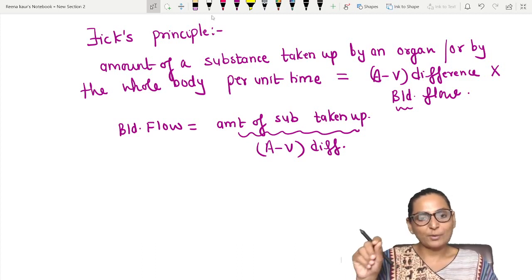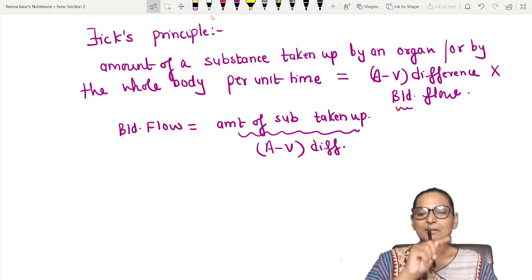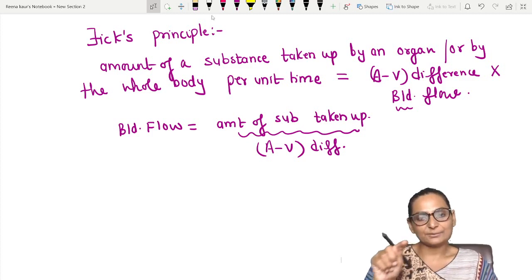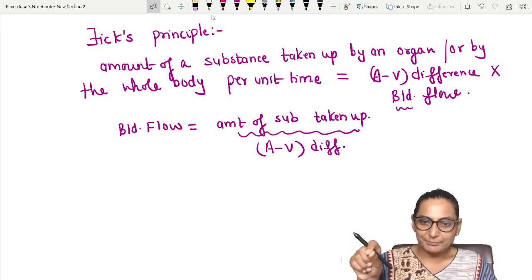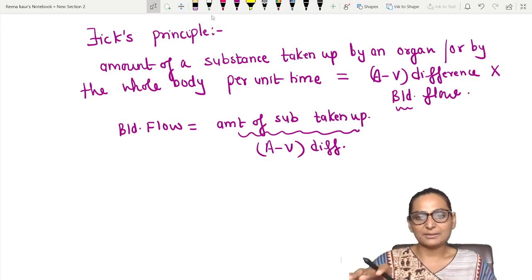Usually it is taken from the pulmonary artery by placing a catheter through the heart. So you're going to put a catheter through your heart, reach the pulmonary artery to take the venous blood sample, and from any peripheral artery you will take an arterial blood sample.